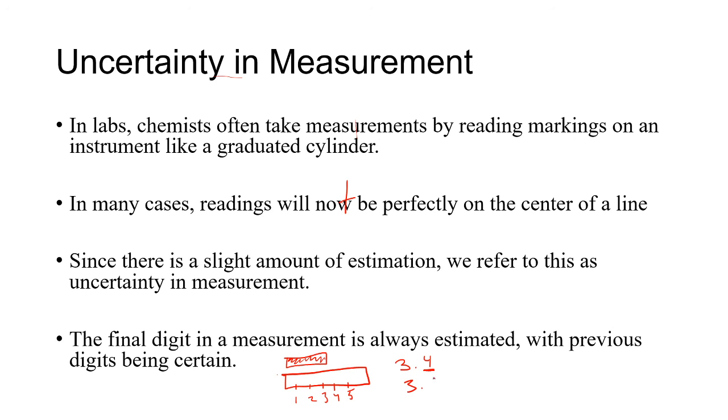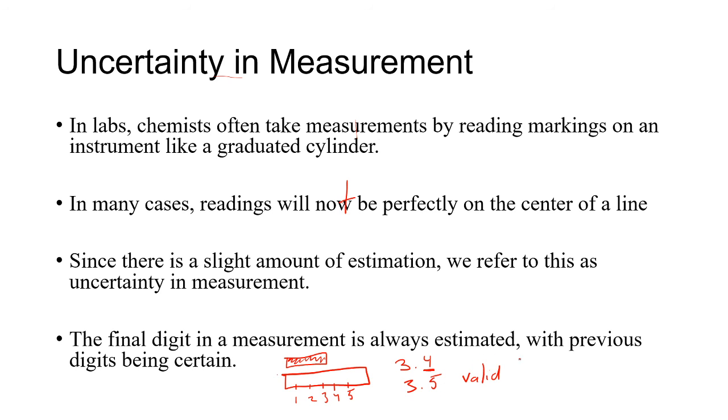I could say 3.5, and that measurement would be what's considered valid because I have the most amount of certainty plus an estimated digit. So whenever you take a measurement, you're always going to go as accurate as your markings allow you to identify, plus an extra digit that's an estimate.